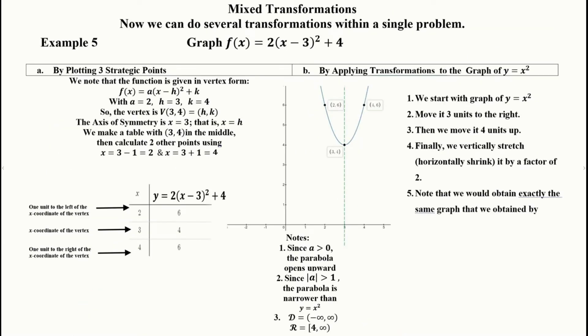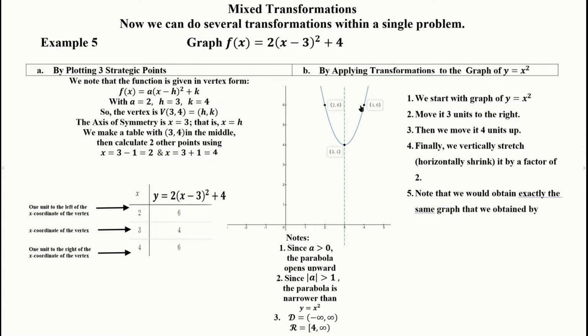Next, we want to look at mixed transformations. Look at this function, for example. If we start with the graph of x squared, notice we're going to be moving it 3 units to the right, 4 units up, and we're going to vertically stretch it by a factor of 2.